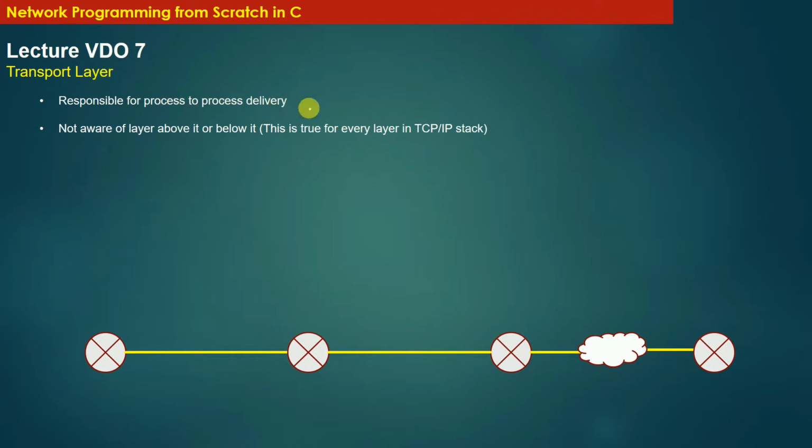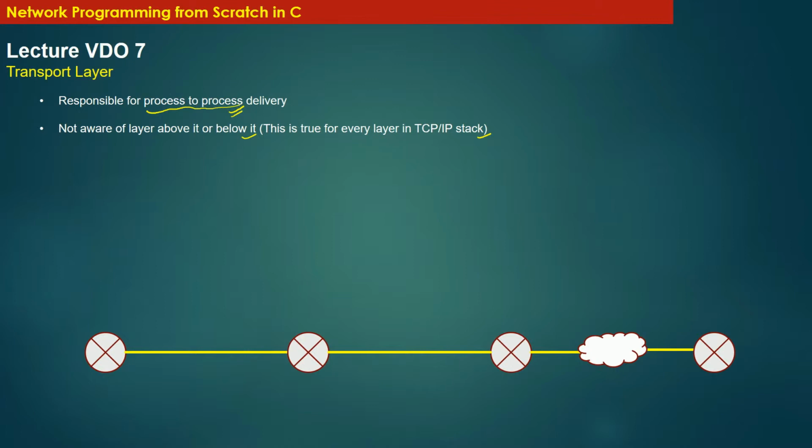So, once again, the overall function of the transport layer protocol is process to process delivery of the data packet. And again, the transport layer is not aware of any layer above it or below it. This is true for every layer in the TCP/IP stack, in fact. For example, the data link layer does not assume that the layer running above it is an IP layer.